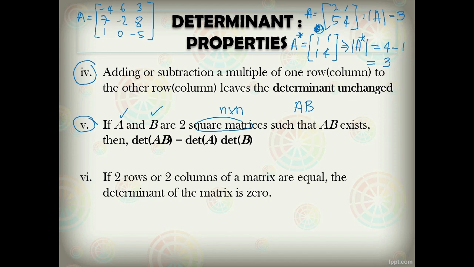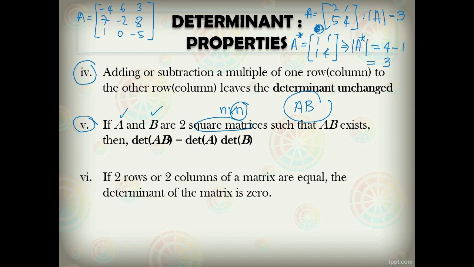It must follow the rule for multiplication, where the columns of matrix A must equal the rows of matrix B, only then AB will exist.